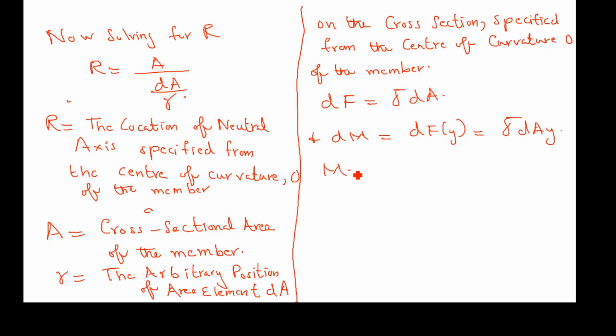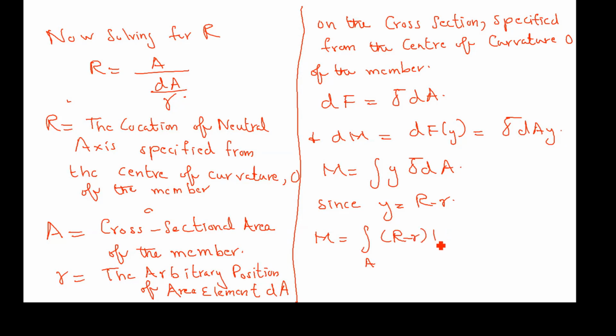So now M is equal to the integral of y into stress into dA. As we know that y is equal to r bar minus r, we will get M equal to the integral of (r bar minus r) into E into k into (r bar minus r) divided by r into dA.